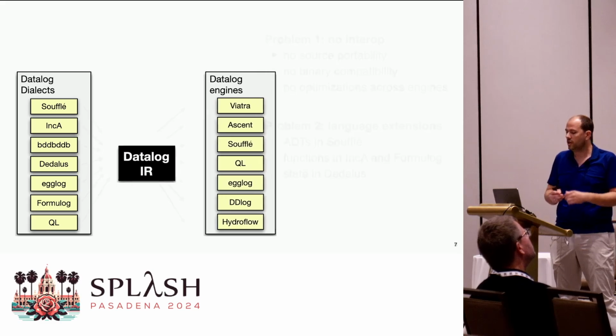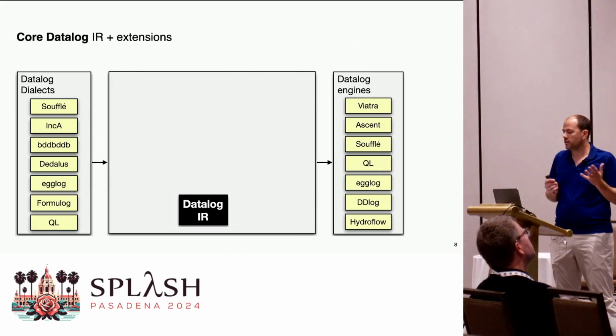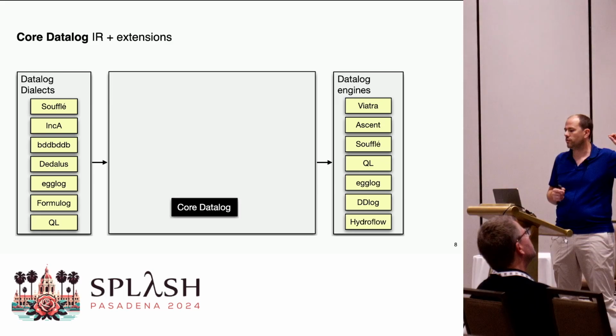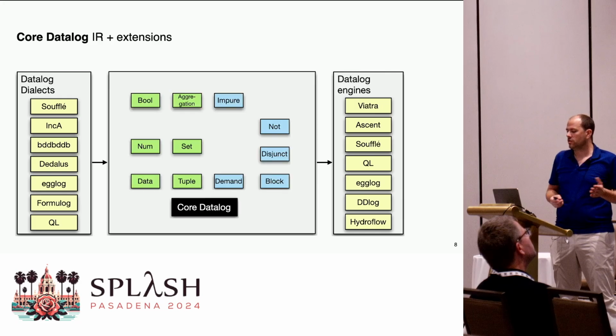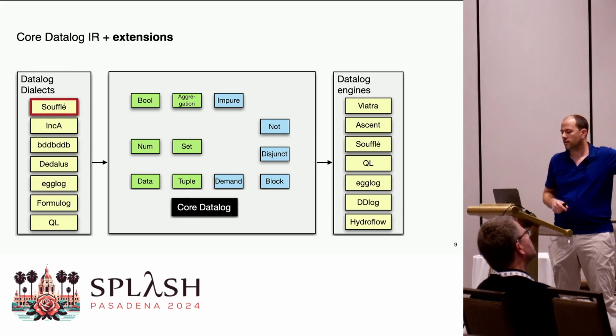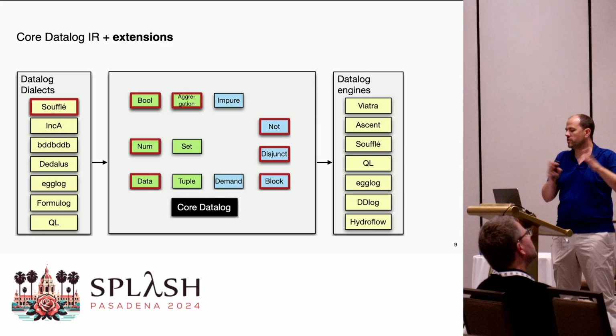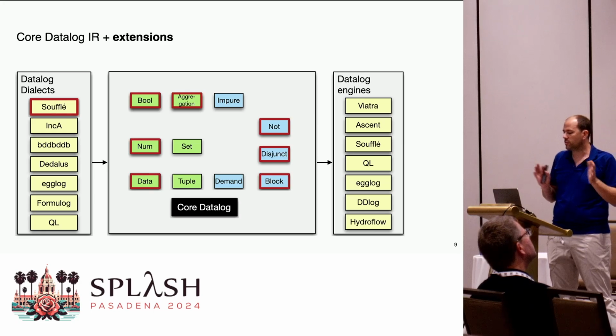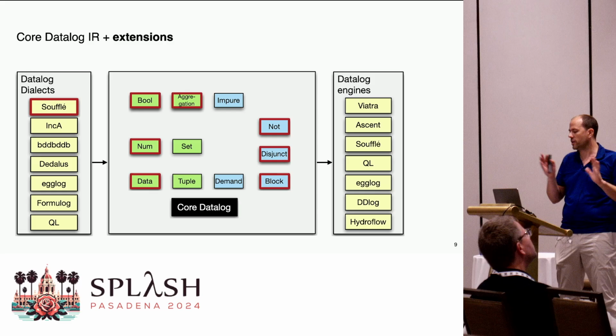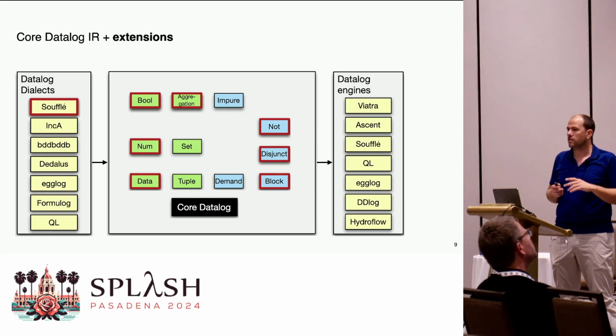And so let's zoom out a bit. Instead of having one Datalog IR, we are going to design, or we have designed, a core Datalog. And that's really like textbook Datalog, which is extensible. So you can write lots of extensions to this IR. Okay, and then something like Soufflé, the Soufflé compiler front-end actually uses a whole bunch of these extensions like booleans, numbers, algebraic data types, aggregation, disjunctions, and so on, right?